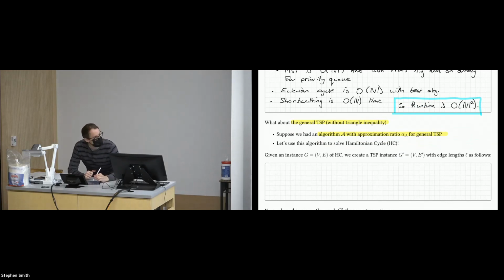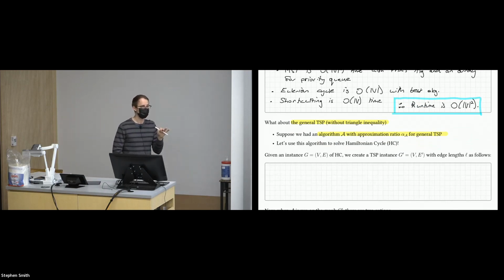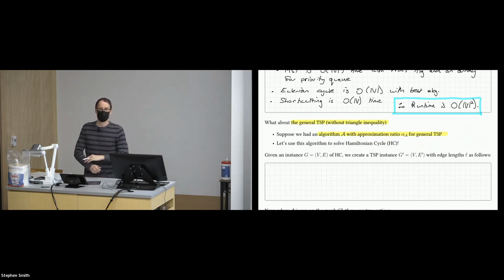And I'm given an instance of Hamiltonian cycle, and I'm going to convert it into a TSP instance and use my approximation algorithm to solve it. So I'm given this instance. I create a TSP instance with the same vertex set, with the complete set of edges, and with edge lengths defined as follows. It's kind of like what we did before when we reduced Hamiltonian cycle to TSP, but now I'm going to try and reduce it to this approximation algorithm.